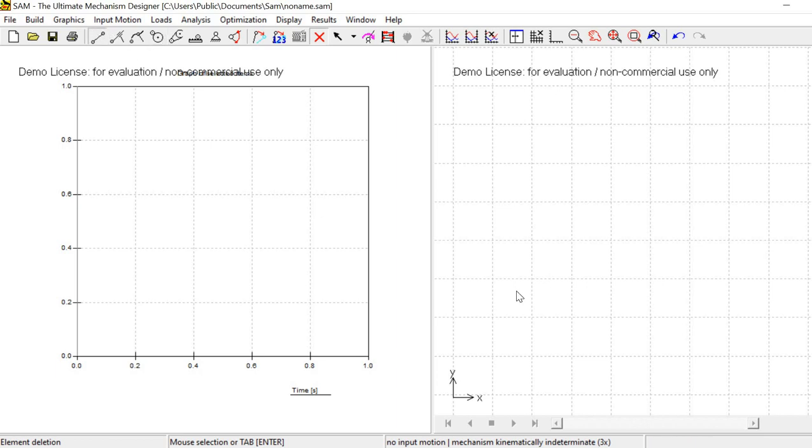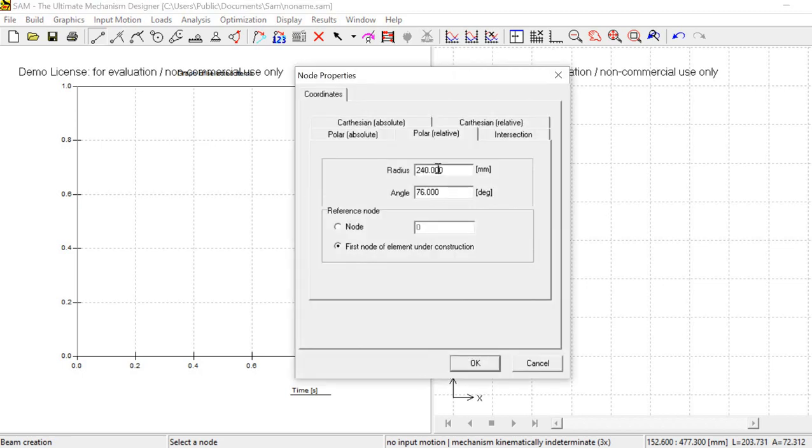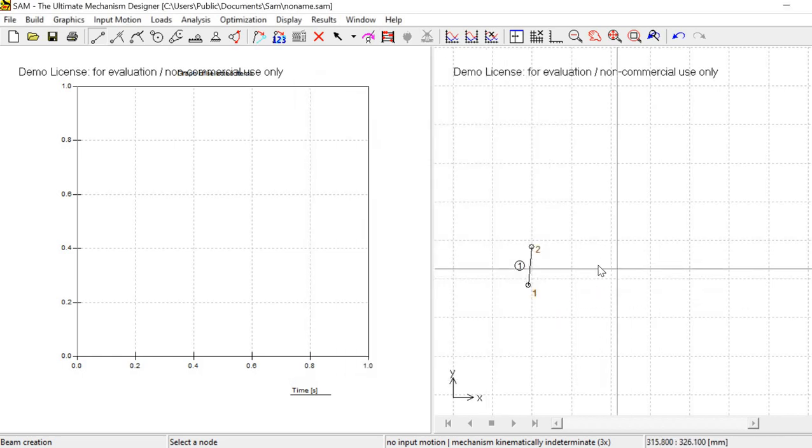Okay. So I'm going to click a point over here. After that, press the space bar. You will get this. I'm going to mark this as 100 and the angle is 85. After that, I'm going to press Control plus. Yes. Okay, now I got that point.